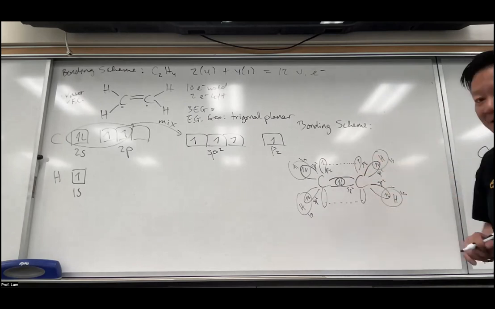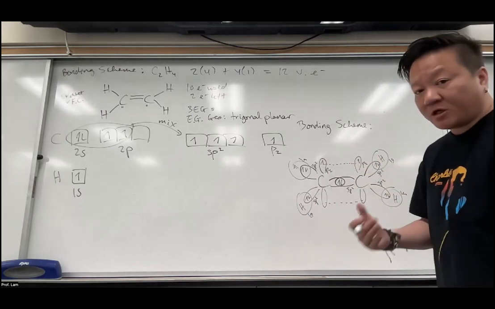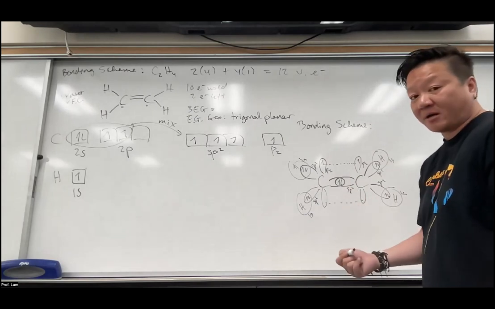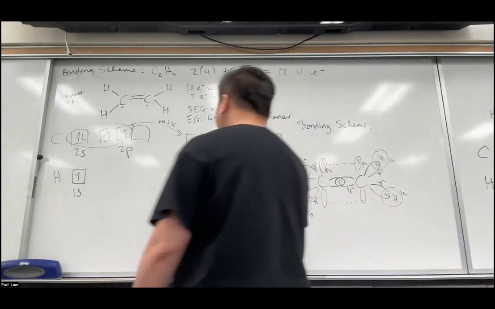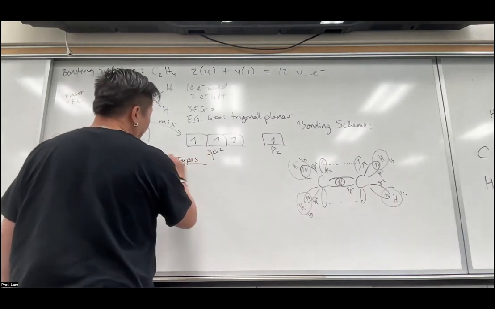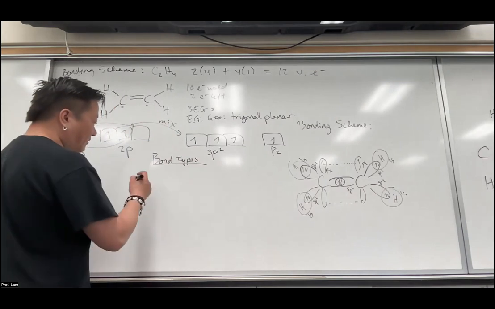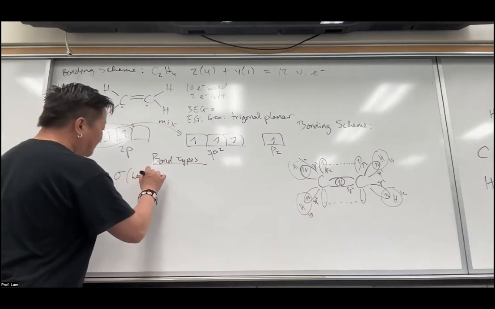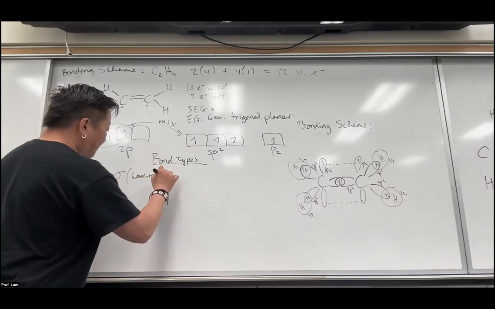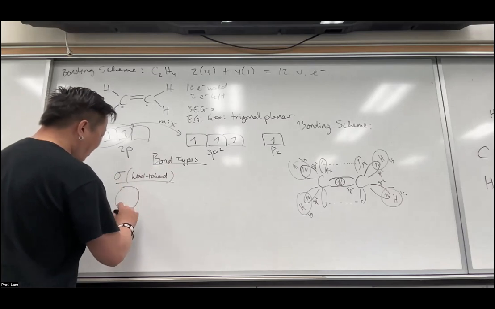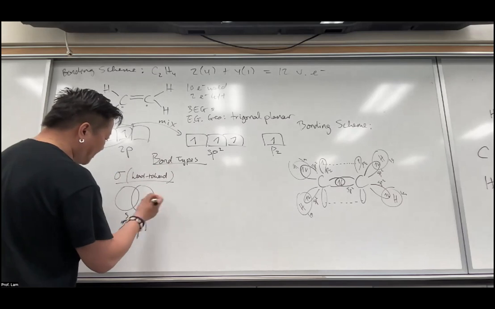So when you have a multiple bond like double or triple, you also have to label whether it's a sigma or pi bond. Okay, so let's quickly go over bond types. Okay, we have sigma, which we call head-to-head type bond. Okay, and that's like if you have a 1s orbital with another s orbital. It doesn't have to be 1s, it could be 2s too.